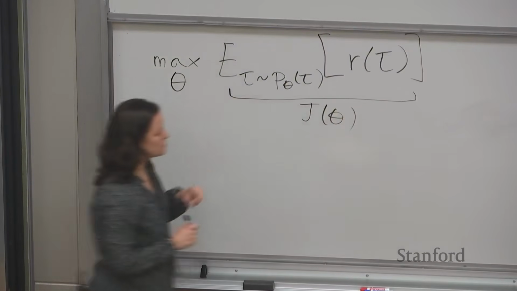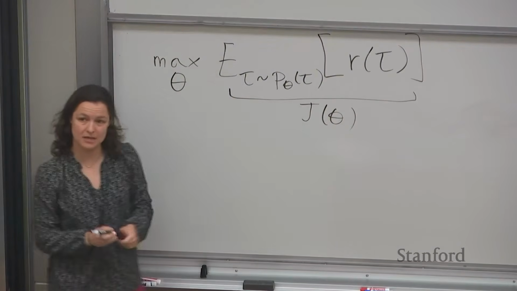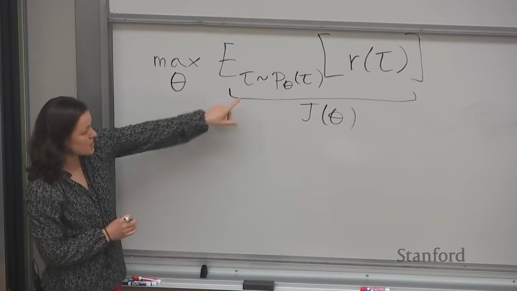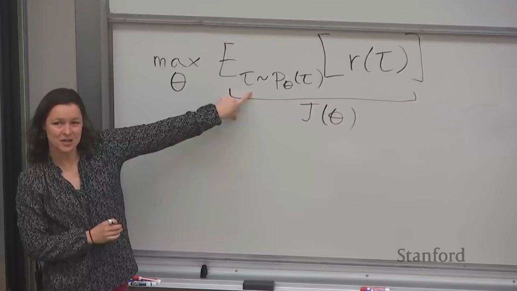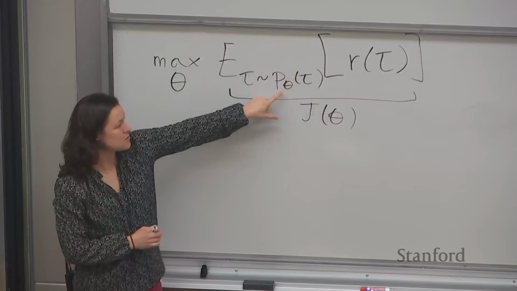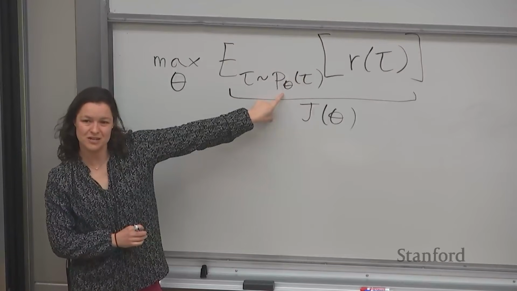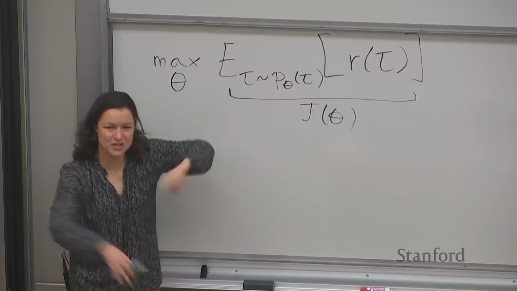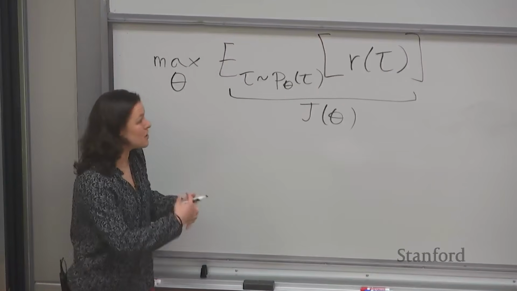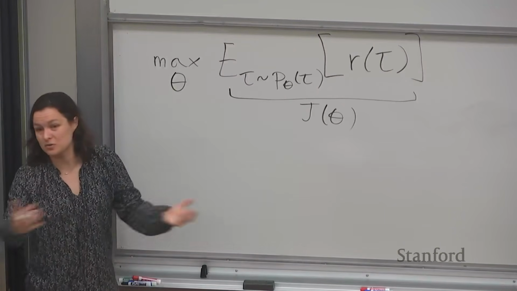This is the objective that we're trying to maximize. It's a little bit challenging to get a gradient of this directly, because the relationship it has to theta is through the trajectories that we sampled. So we can't just differentiate through this sampling process. That sampling process also depends on the dynamics of the world, which we also don't know.